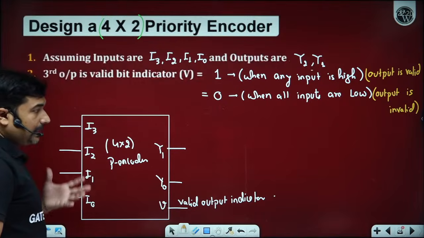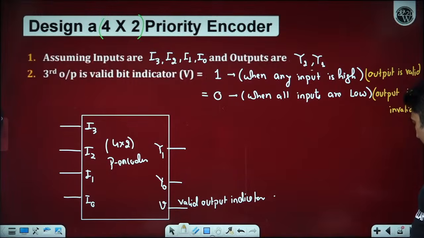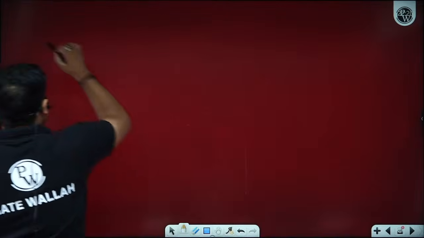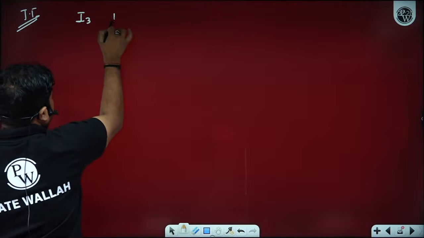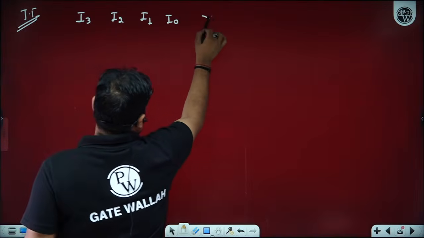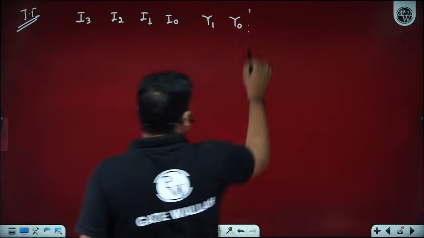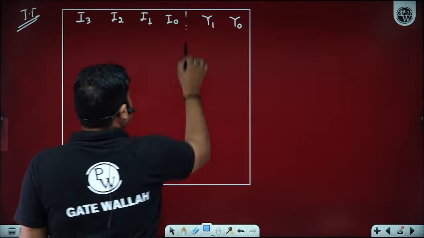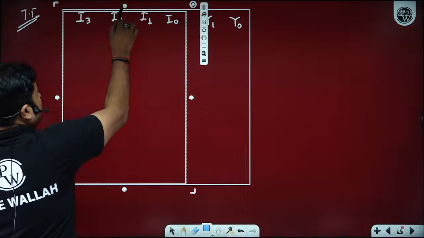Is it okay? So now we know about the input, output and their relationship. Next is to construct truth table. So let's construct truth table. So how to construct truth table? Please observe. We have I3, I2, I1 and I0. Output is Y1 and Y0. But instead of going with all 16 possible combinations of I3, I2, I1, I0, I am going only with some.